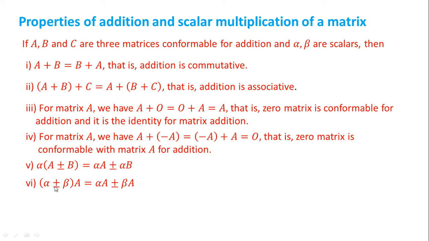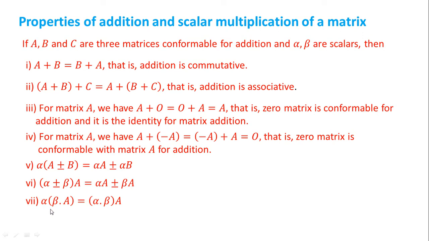Now see, if you add two scalars, alpha plus beta, or subtract, alpha minus beta, and multiply that with A, it is the same as alpha into A plus or minus beta into A. You can take separate scalar multiplication with this matrix. Okay, so this is the property. This is also very clear.